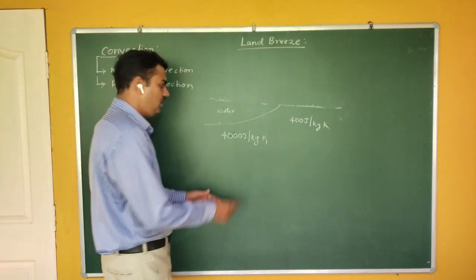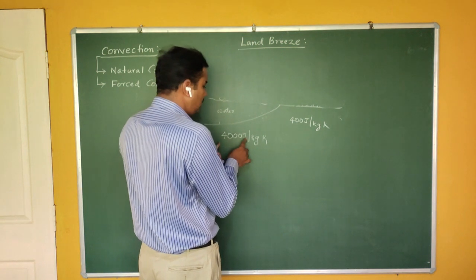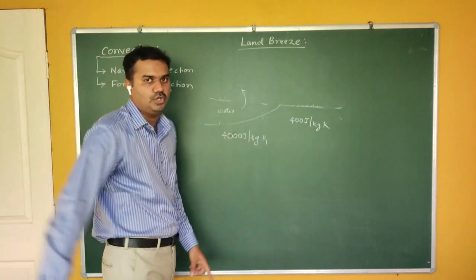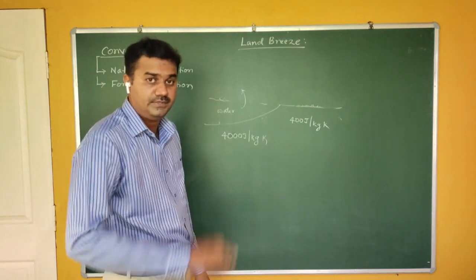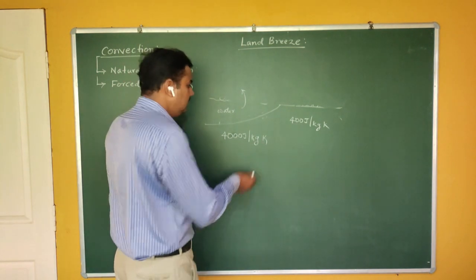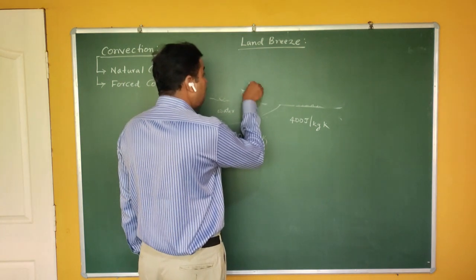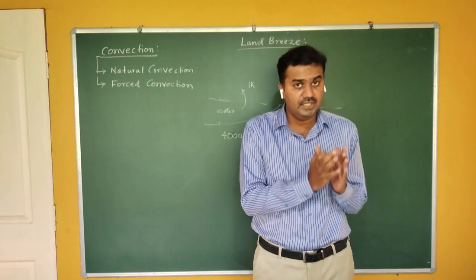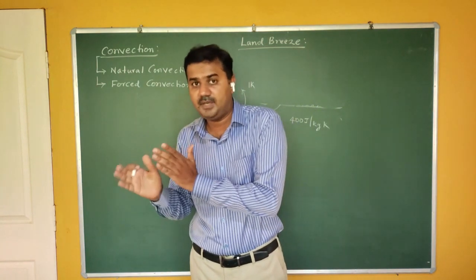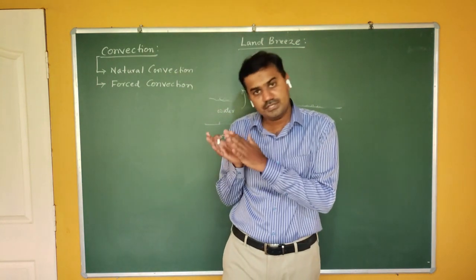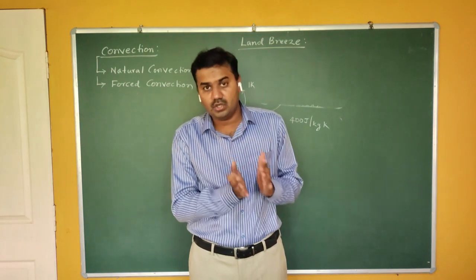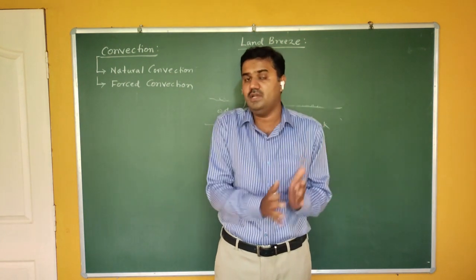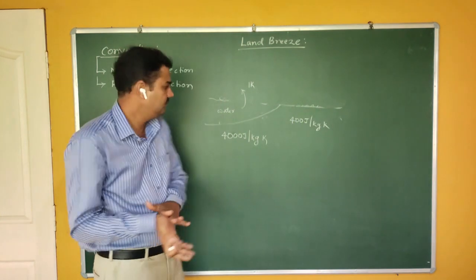So that means when 4000 joules of energy flows out of the water, there is a decrease in temperature by 1 Kelvin. Are you getting me? The same process: 4000 joules of energy is required to raise the temperature by 1 Kelvin. The reverse is also true: 4000 joules of energy should be removed from the material to drop its temperature by 1 Kelvin.